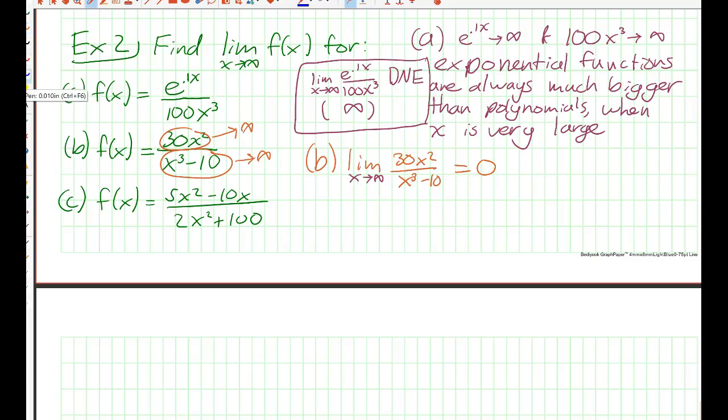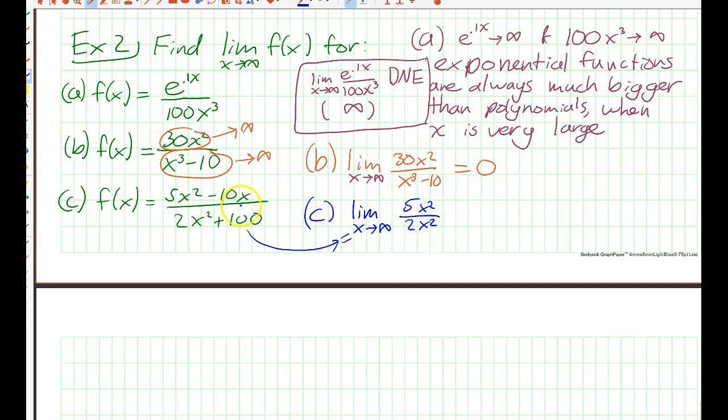So with C, let's think about this that same way. Again, we're talking about the limit as x approaches infinity, which means really big values of x. So if x is like 1,000 or 1,000,000, then the 100 is going to be really small. It's not really going to matter. So you can just think of this limit as basically equal to the limit as x approaches infinity of 5x squared over 2x squared.